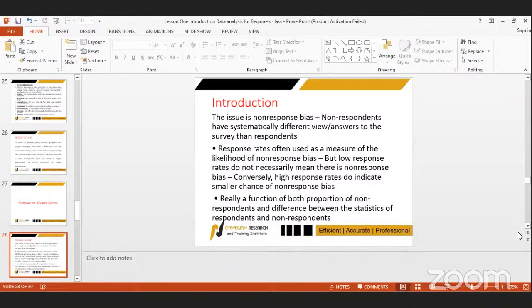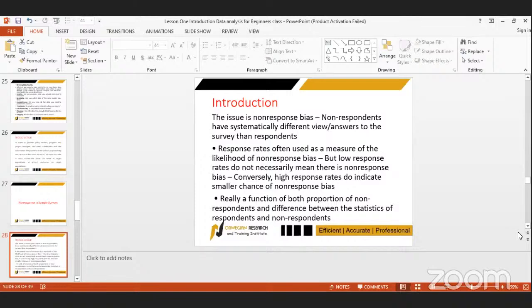That is non-response. In every survey that we do, it is very hard to get 100% response. Therefore, the concept of adjusting your sample size based on non-response is very important, so that you know which criteria to use when we want to do sample size adjustment.